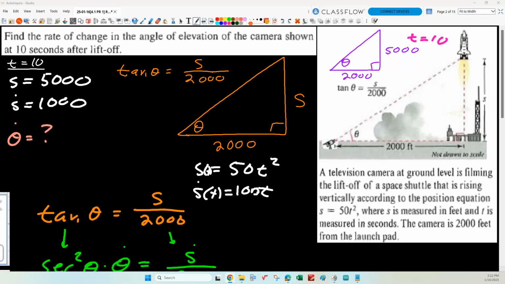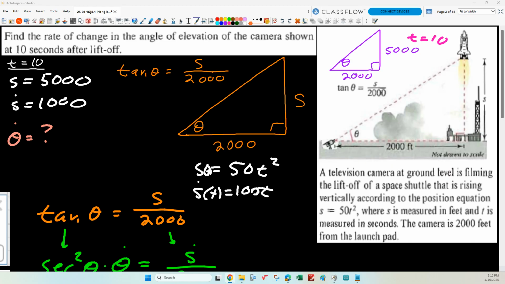Didn't we say that the value of S was 5,000, and we know that's a constant 2,000, and so we could figure out what the hypotenuse is, right? That make sense? By Pythagorean theorem.